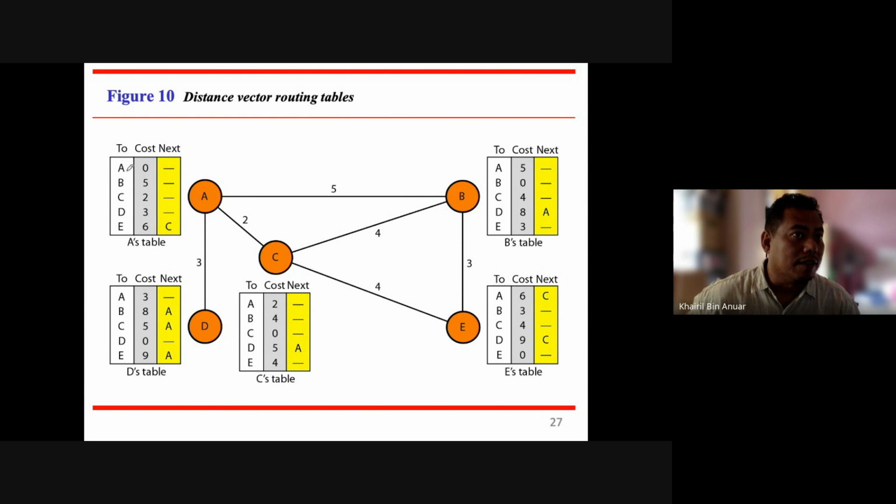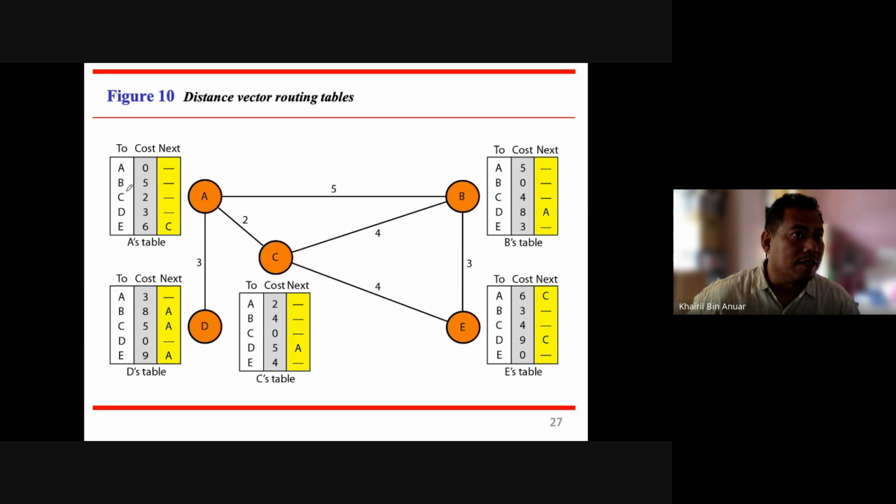Here you define a host-by-host connection. So you are at A, and if you want to go to A, this is the actual one, so the cost is 0. It is its own router, so the cost is 0. You don't need to go to the next hop.